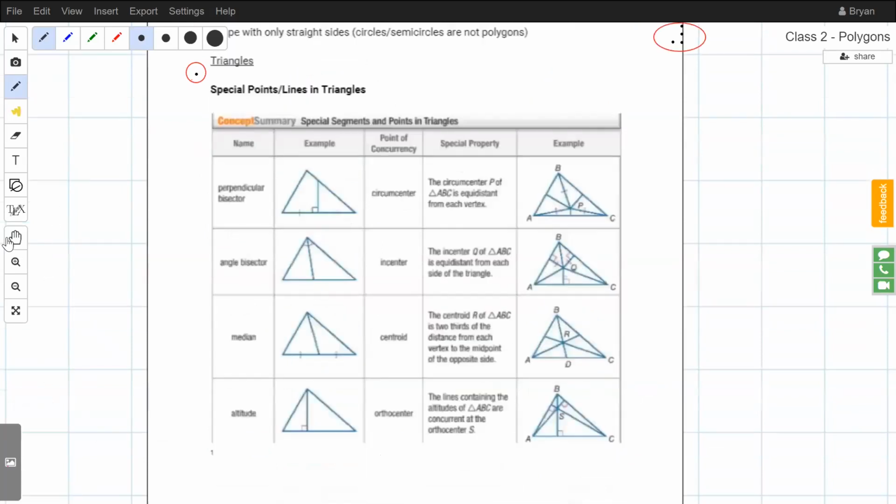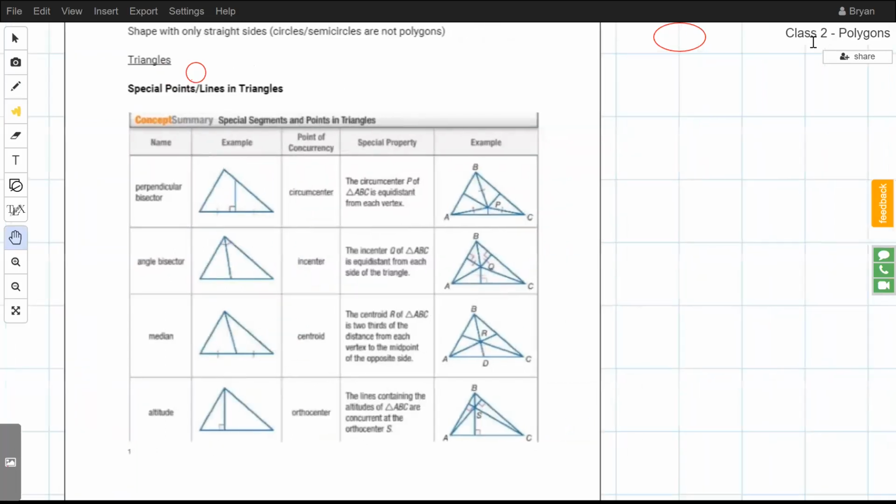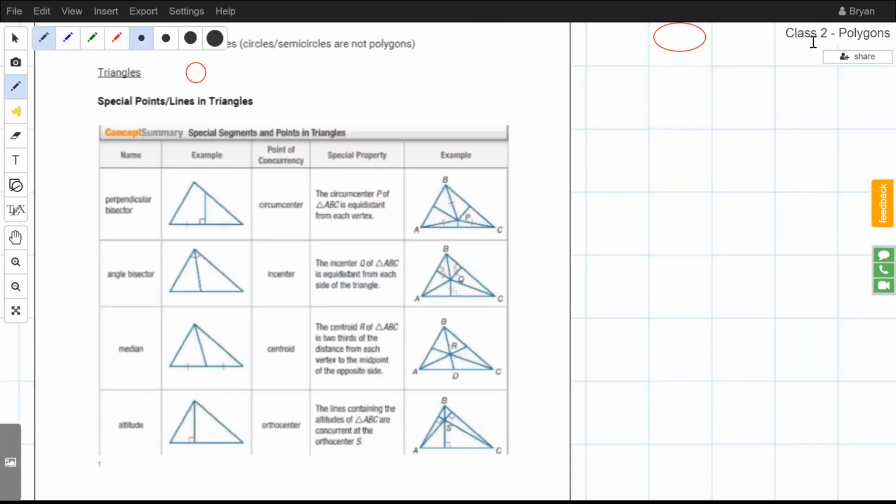The first one is a perpendicular bisector, which is the line that is perpendicular to the perpendicular bisectors of a triangle.